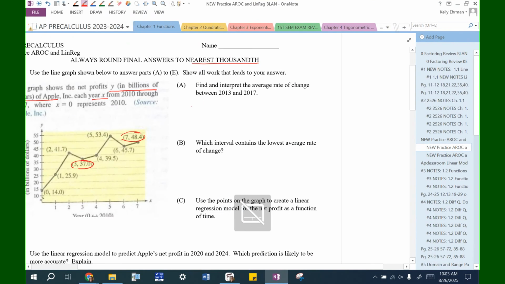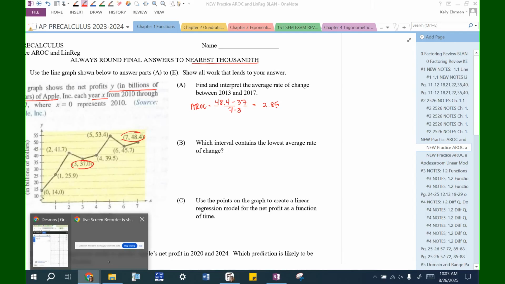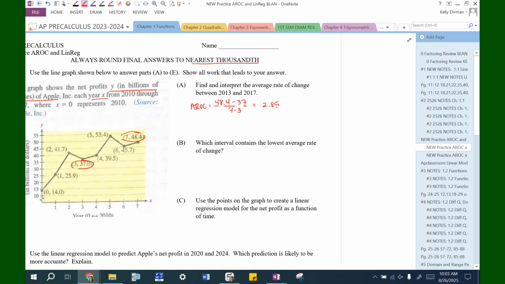I do need to show my work for this, so I'm just going to write down those numbers. That came out to 2.85. Just double checking that. Yeah. And then interpret. Remember, we have a script for this.